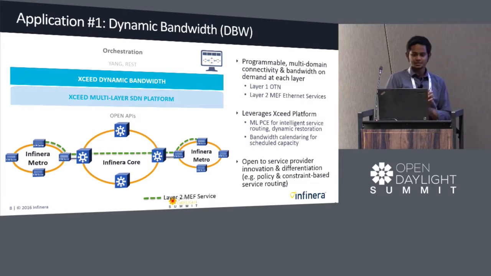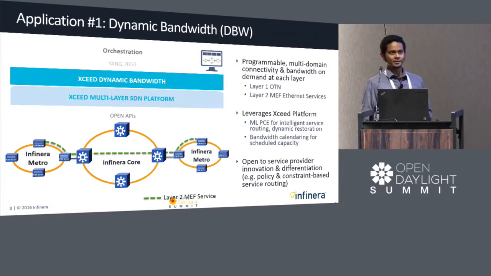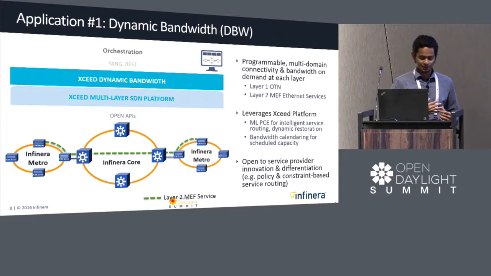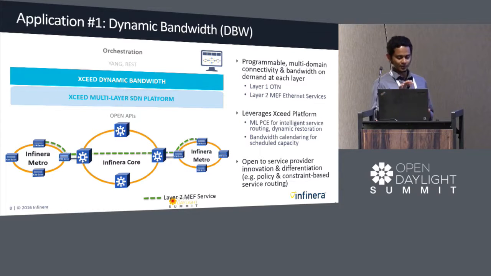So the main use cases are as follows. The two I'm going to talk about today are the dynamic bandwidth, which is the L1 bandwidth on demand. Typically in the past, end users would have to interface with an NMS system or with TL1 or some low-level APIs to configure the underlying devices.